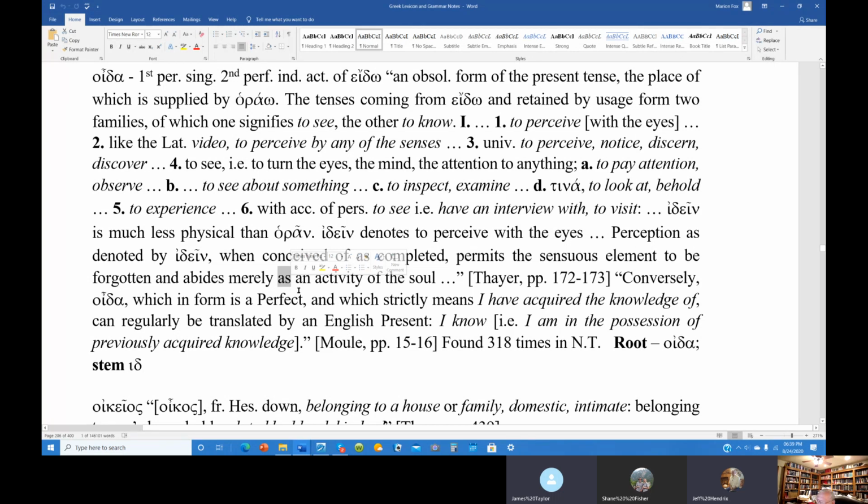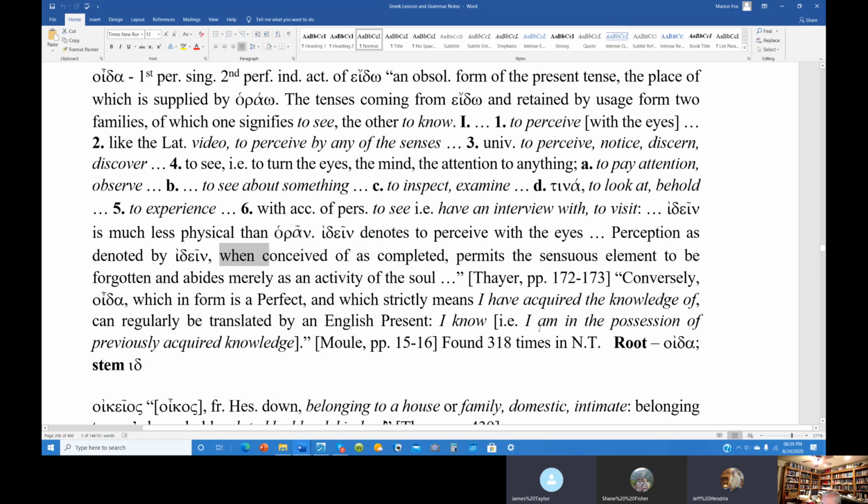My question is, how would it, being in the perfect tense, carry that idea of acquired knowledge? This meaning right here that I've highlighted. Your perfect tense is something that was true in the past and what? Still true. Has implications.